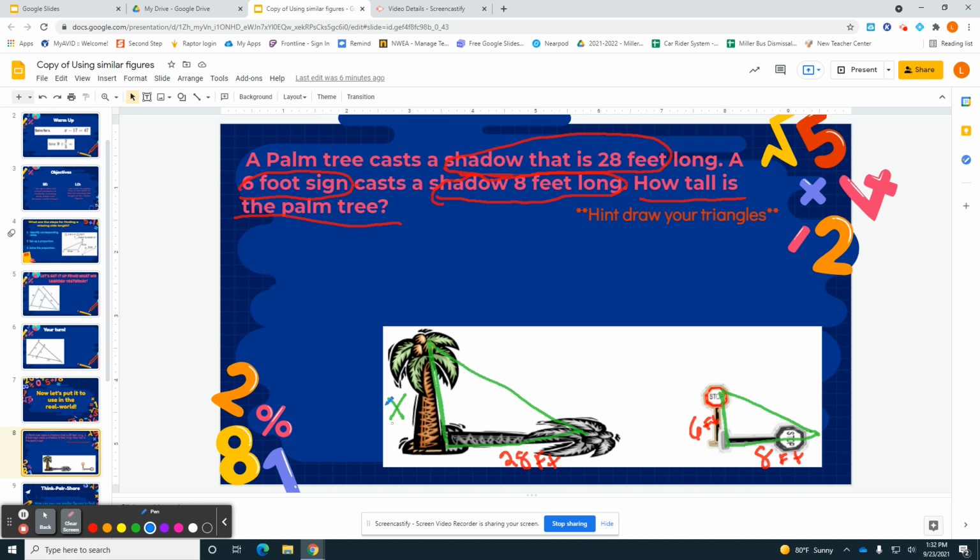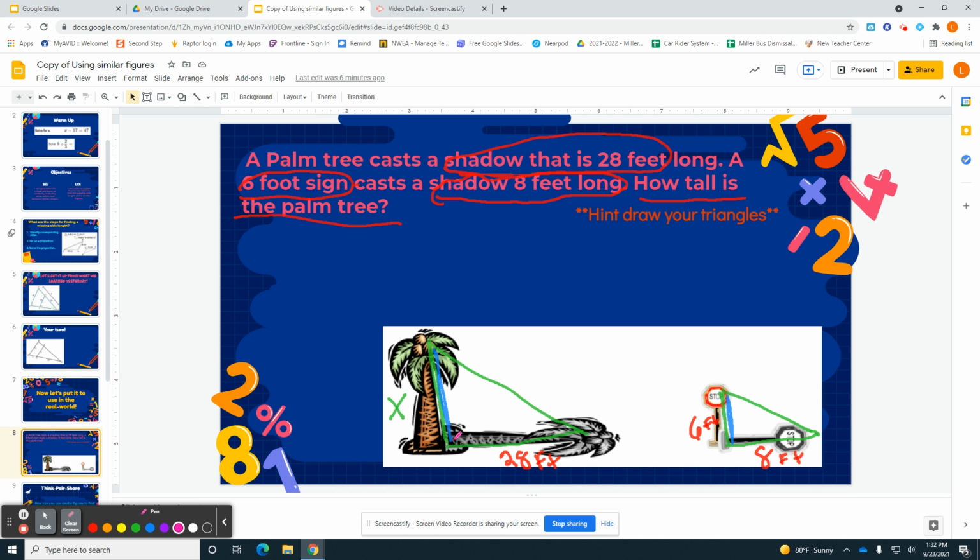But first, I am going to color code. Our x is the palm tree, so that's going to be our blue side. And since x is our palm tree, is our sign going to be corresponding with the palm tree or the shadow? It's going to be the sign, right? Because you want the object with the object and then the shadow with the shadow.